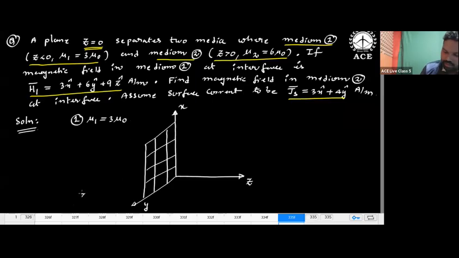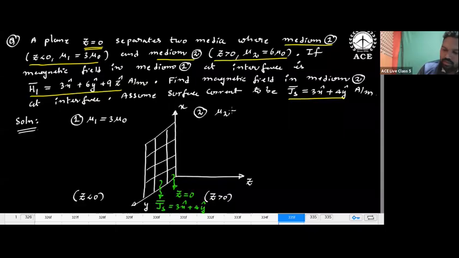This is for z less than 0. This is for z greater than 0. And here it is the surface, z is equal to 0. And here it is surface current. How much is that? Js is equal to 3x cap plus 4y cap, beta. And here it is the second medium. Mu2 is equal to how much? 6 mu naught, beta. Okay.